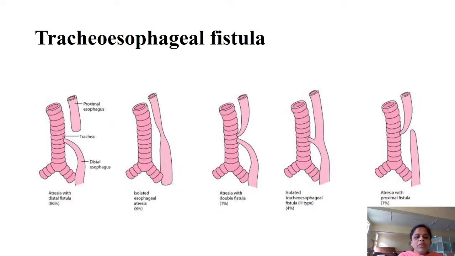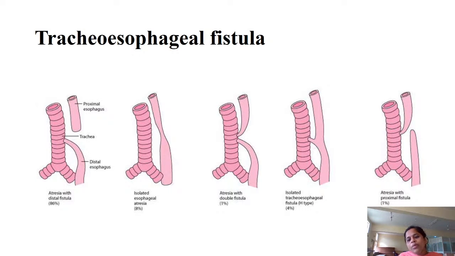The next most common is isolated esophageal atresia, where there is atresia of the esophagus with no connection between the trachea and the esophagus. The next is the H-type fistula, an isolated tracheoesophageal fistula. Then there is atresia with double fistula, where the proximal part is atretic and not connected with the distal part of the esophagus, but both the proximal and distal ends connect to the trachea.